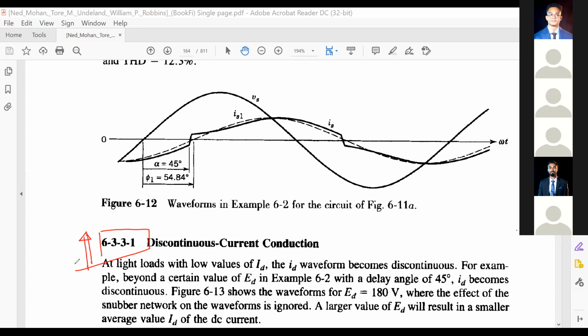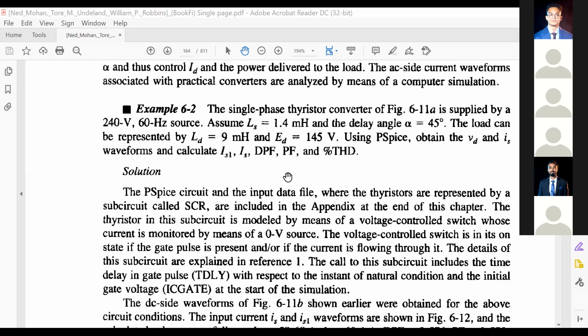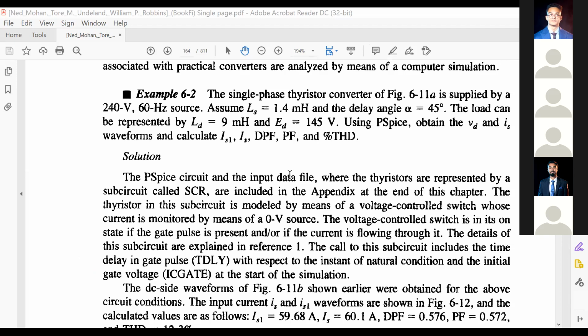What is given over there, because this one also you need some PSpice or other way to solve it. Okay, let us have a look. Yes, they have used the PSpice. So example 6.2 of this one. The single phase inverter is supplied this one and this one, to calculate IS1.